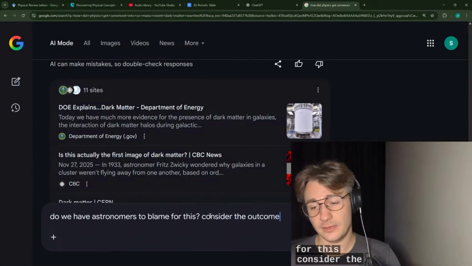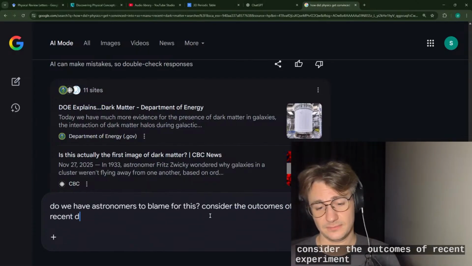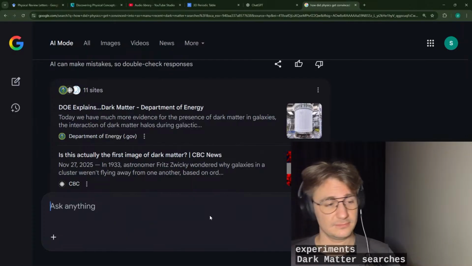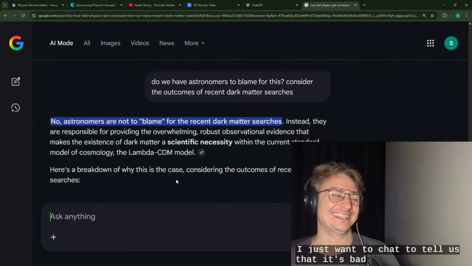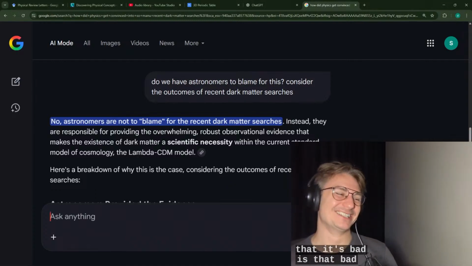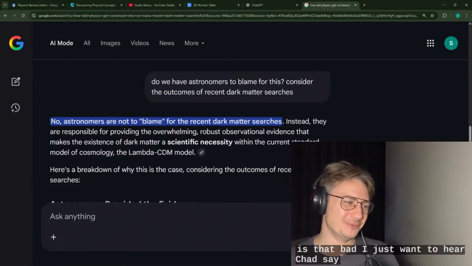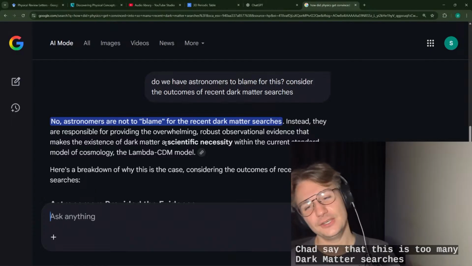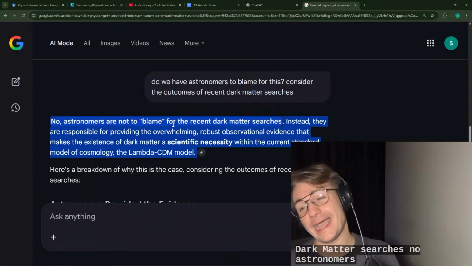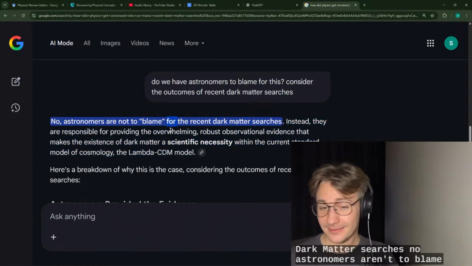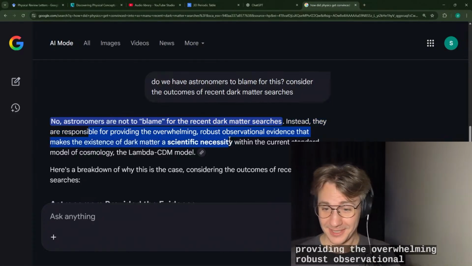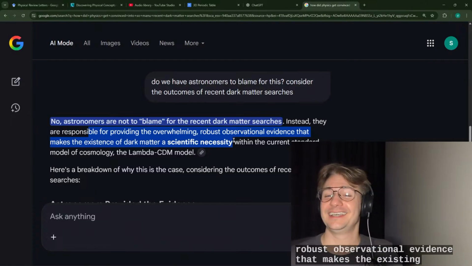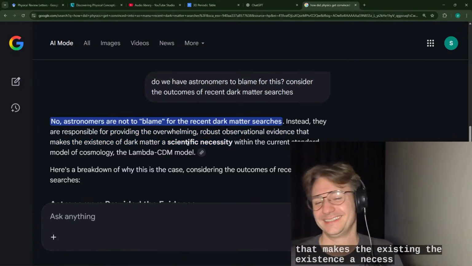Consider the outcomes of recent experiments, dark matter searches. I just want chat to tell us that it's bad. Is that bad? I just want to hear chat say that this is too many dark matter searches. No, astronomers aren't to blame. In fact, they're responsible for providing the overwhelming, robust observational evidence that makes the existence a necessity.